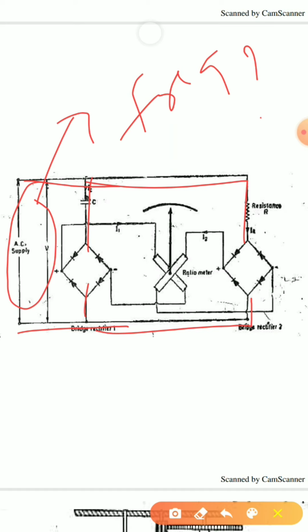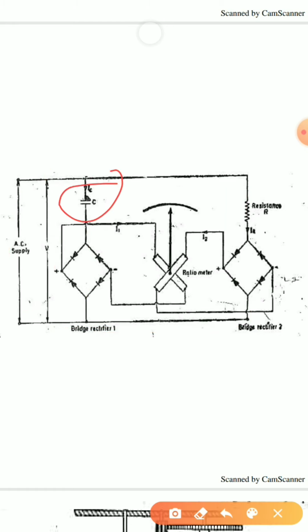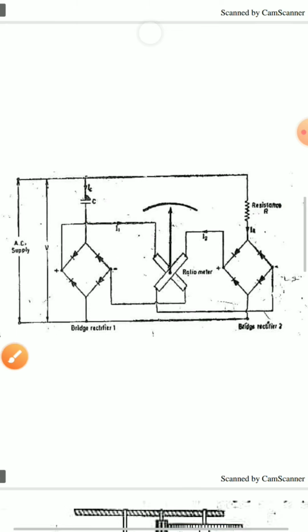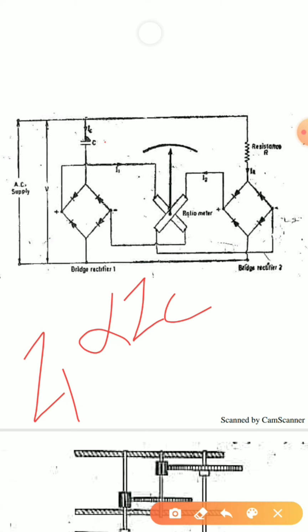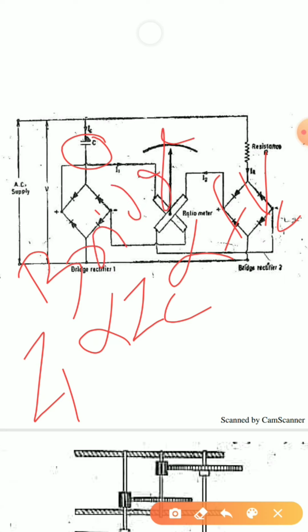Now the input of one bridge rectifier has a capacitor in series, and the other bridge rectifier has a resistance in series. The output that I will be getting for bridge rectifier 1 will be directly proportional to IC. Why? Because in bridge rectifier 1 we are having a capacitive component, so it will be directly proportional to F into Vc.